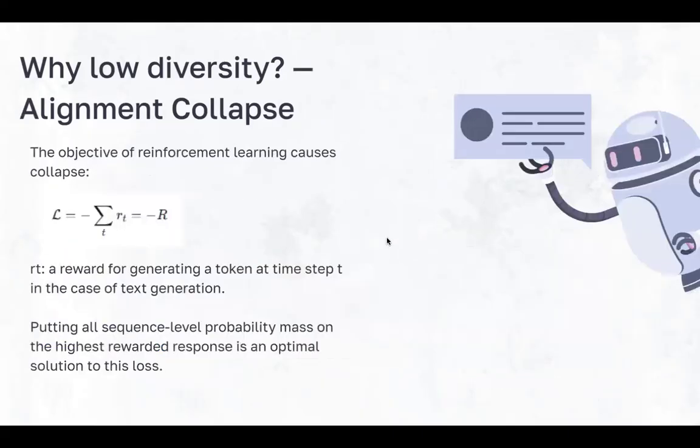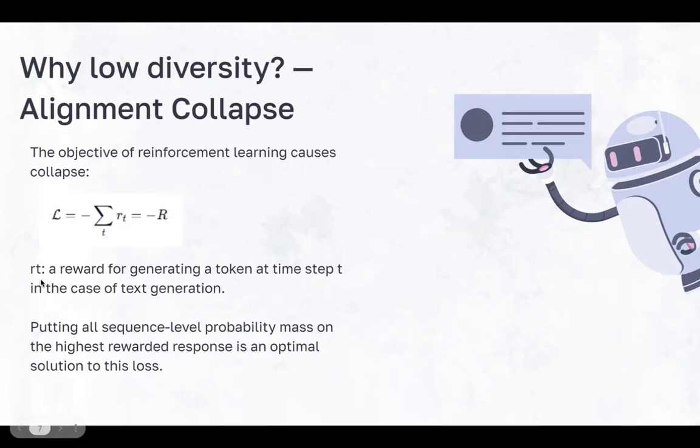So why? Because in the final stage, we usually use a loss function. The objective of reinforcement learning causes collapse. We can see this loss function, or also see it as the reward.